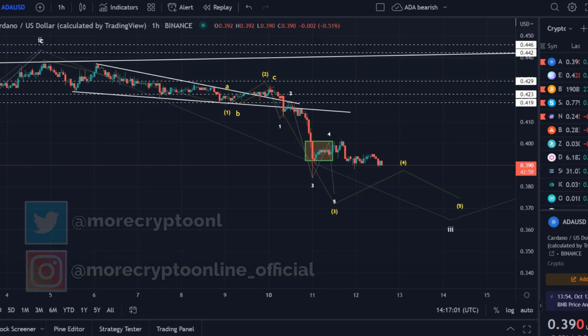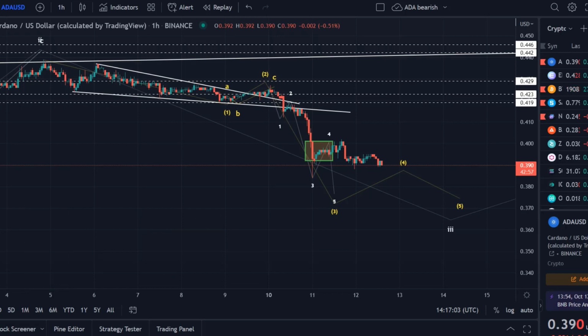Here, if we take a look at this chart, we can actually see quite nicely that the ADA chart is dropping further, but that we are generally in a short-term sideways movement. And this short-term sideways movement is looking like an Elliott wave triangle.